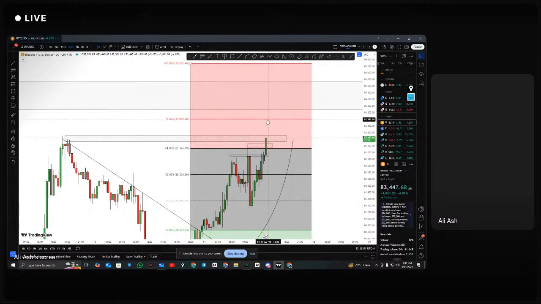So this can be a good TP here. So 83,950 can be a good TP for you. But since we are at the key level, doing a long here can be a bit risky. Almost done with the equal high, and we can have a retest as well.